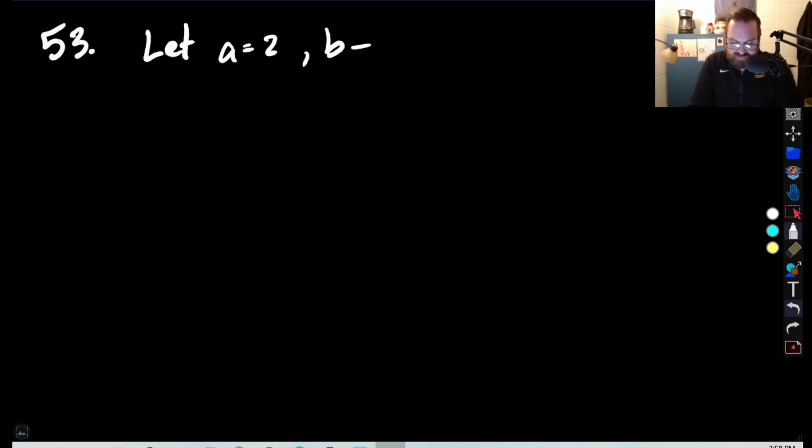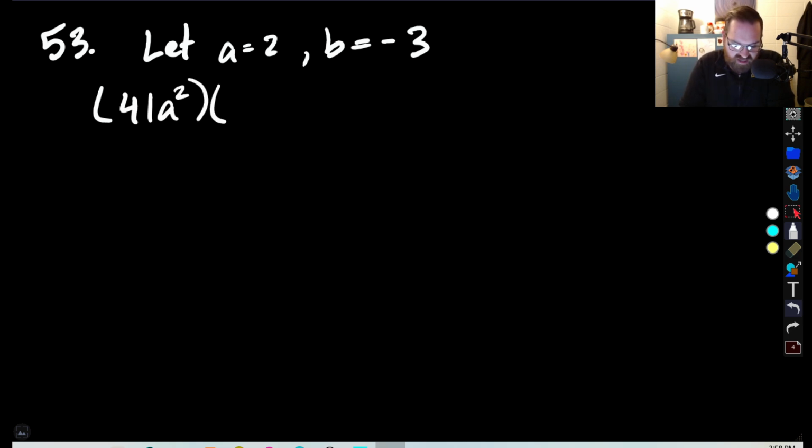Let's go ahead and jump to the next one. So on this question, we're going to let a equal 2, and we're going to let b equal minus 3. So in this case, I'm given this problem, 41 times a squared times minus 2b cubed.